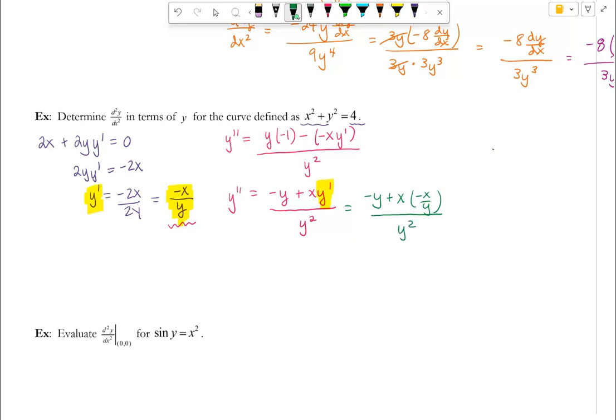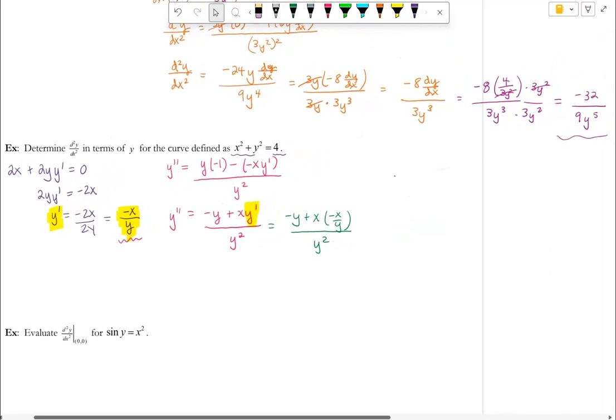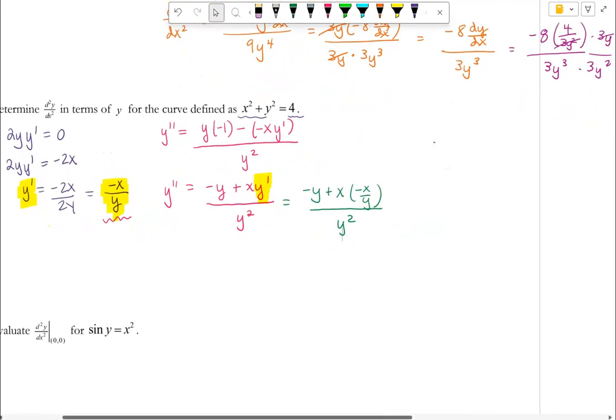Right now, I still have x's in my derivative. There are a couple of orders in which I could think about this, but that divided by y piece is really bothering me, so I might want to eliminate the fraction within my fraction. If I do that, I have to be really careful. When we did that above, we didn't have multiple terms in our numerator.